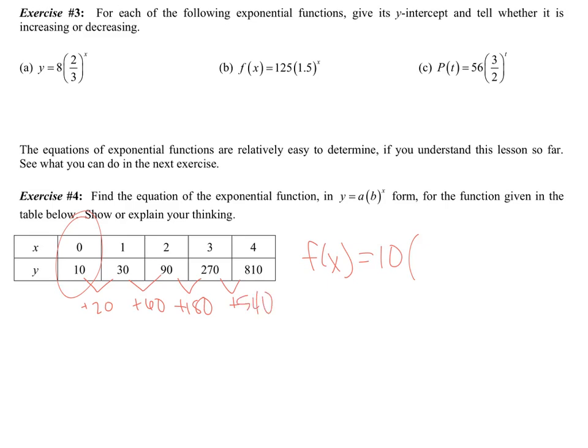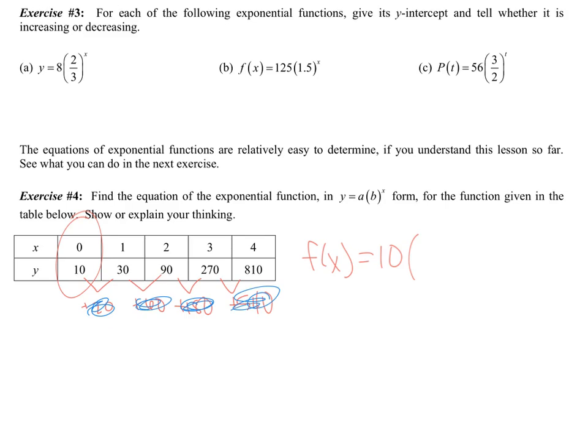So what's happening each time? It's not adding each time, because remember, adding is going to be a linear equation, so those don't work. So you have to think about, is it multiplying or dividing? Well, this one is getting larger, so it's multiplying.